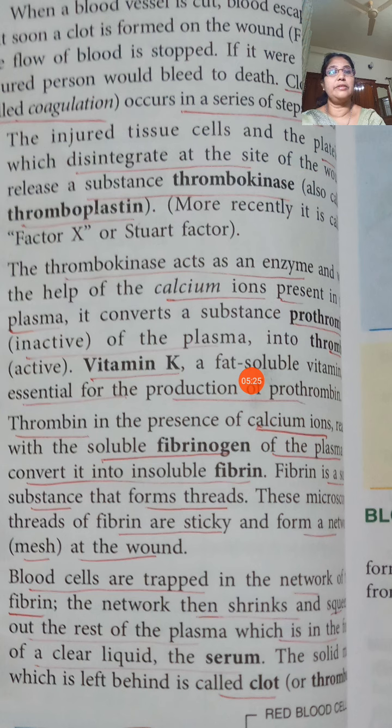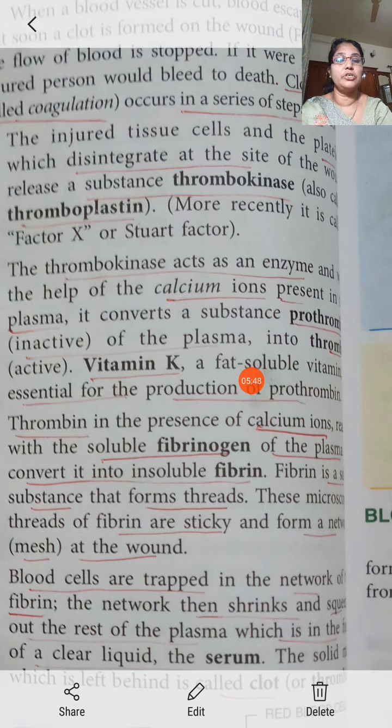After trapping the RBC in this mesh of fibrin, it squeezes out the rest of the plasma, that is, the clear liquid known as the serum. The serum is the liquid from which the fibrinogen is removed. You learnt the definition of serum in the previous class.